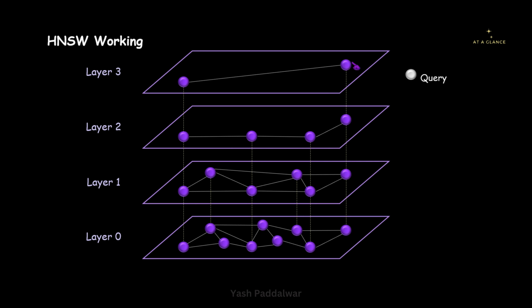So let's initialize this particular node as the current node. Now for this current node, in the same layer, we have only one neighboring node. According to the navigable small world, we'll compute the similarity between the neighboring node and the query vector, and the current node with the query vector.